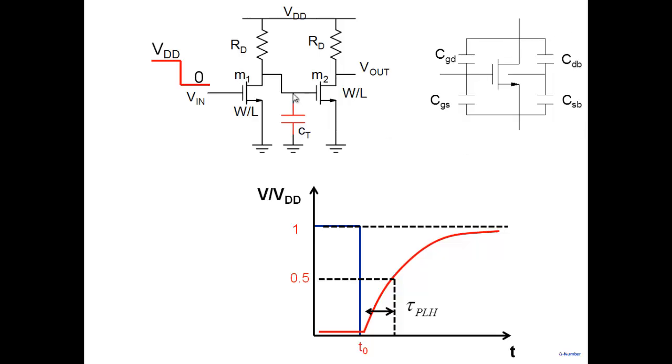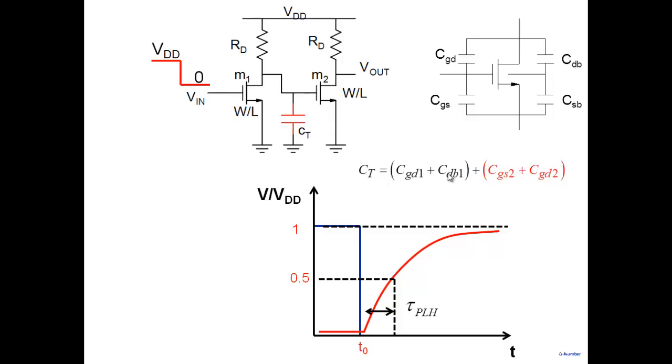So what is the net capacitance at this node? The net capacitance at this node will come due to M1, and it will come due to M2. So can we see this? Net capacitance due to M1 will be CGD1 plus CDB1. Note at this point, between the gate and the drain, there's a capacitance here, CGD1.